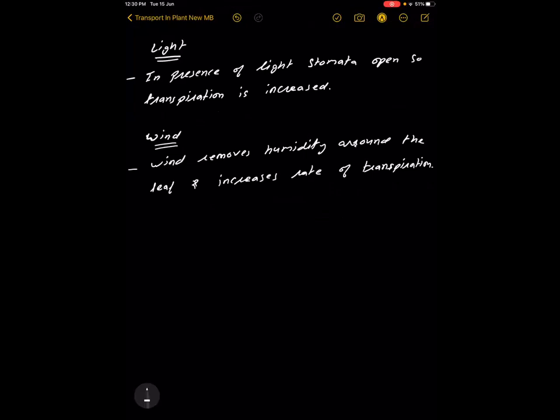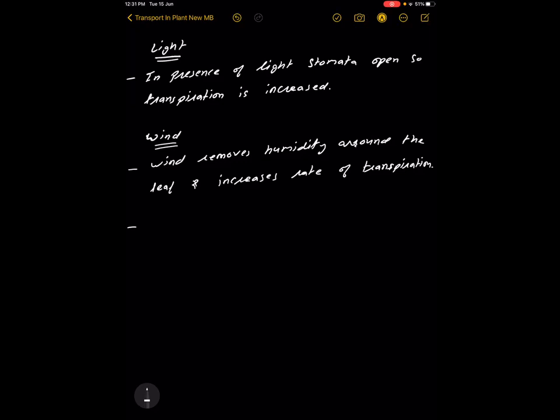But there is one another point: very high wind velocity. First, it increases transpiration. Then, because of a very high rate of transpiration, the stomata are closed because of excessive loss of water. Because of this, transpiration is stopped.